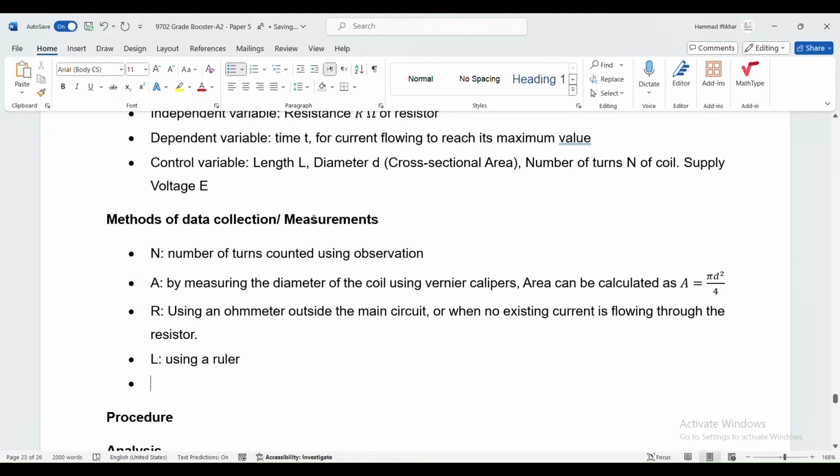What else do we have? Supply voltage E. Oh, sorry, just E. By setting it with a power supply. And what else? There was one thing. Oh, time T. Sorry, V, potential difference.